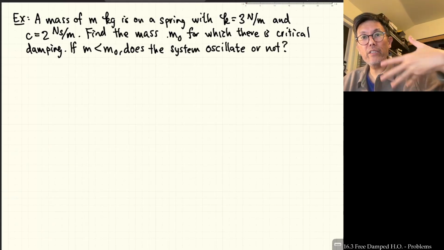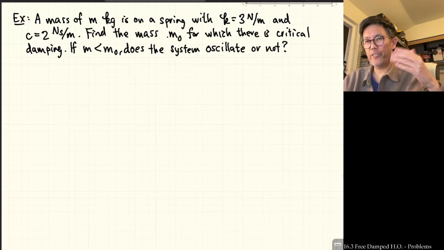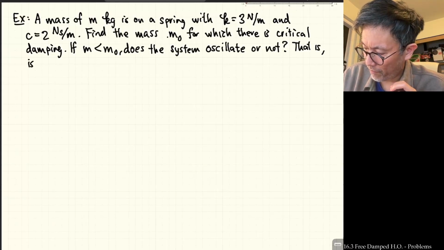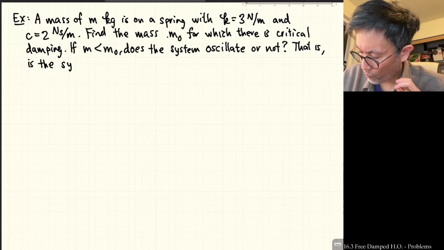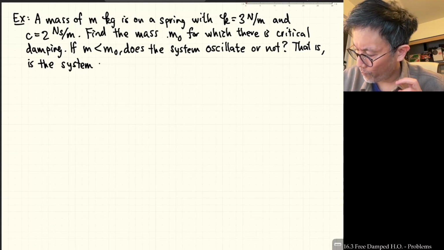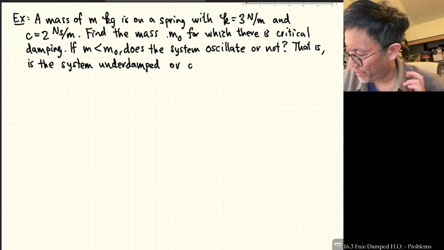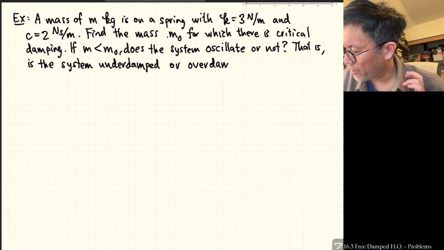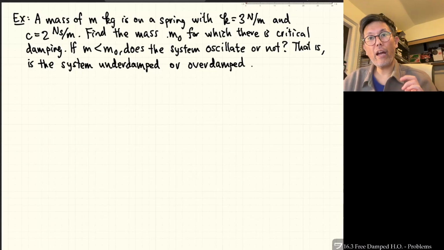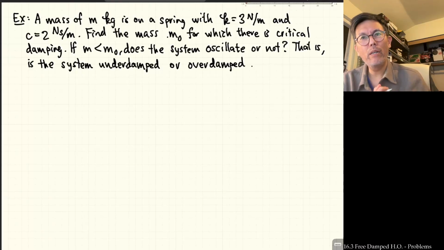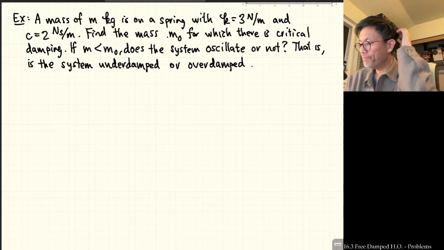That is, is the system overdamped or underdamped? Is the system more like a dashpot, as in the overdamped case, or more like a pendulum, which actually does oscillate?